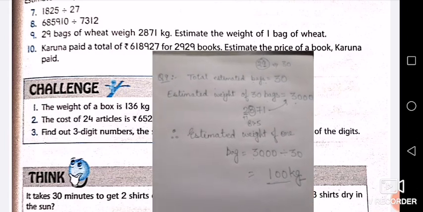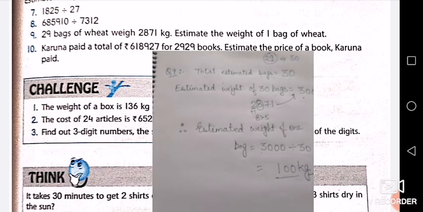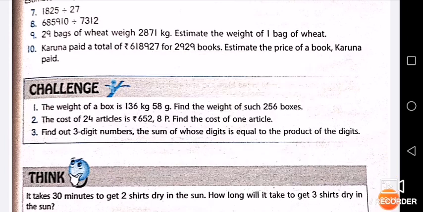Okay, now we'll move to question number 10. Question number 10 is: Karuna paid a total of rupees 6,18,927 for 2,929 books.